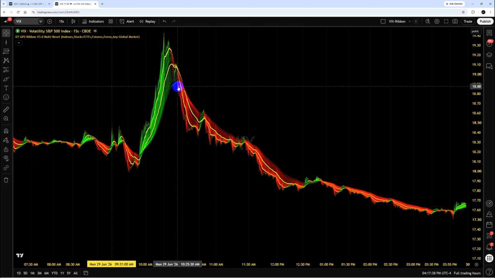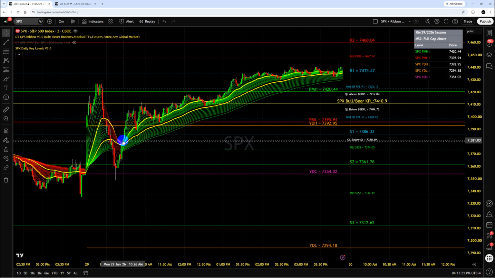Then at around 1026 to 1030, we're getting a fully red ribbon on the VIX with the bands separating. So 1026 to 1030, that's here. 1024, 1022, 1024, 1026 is here. 1028 is here.